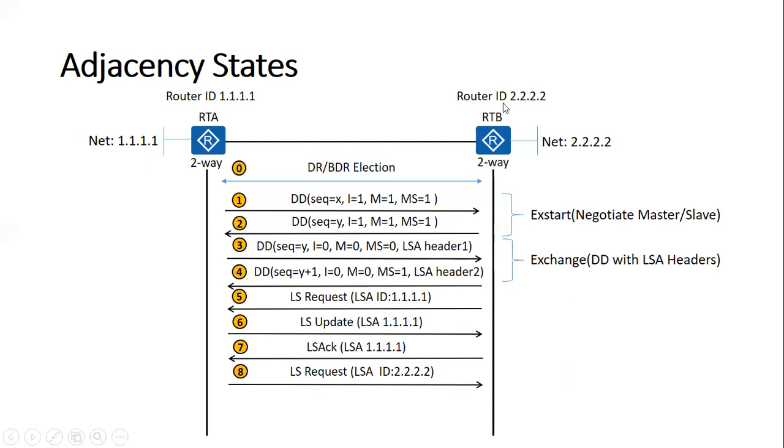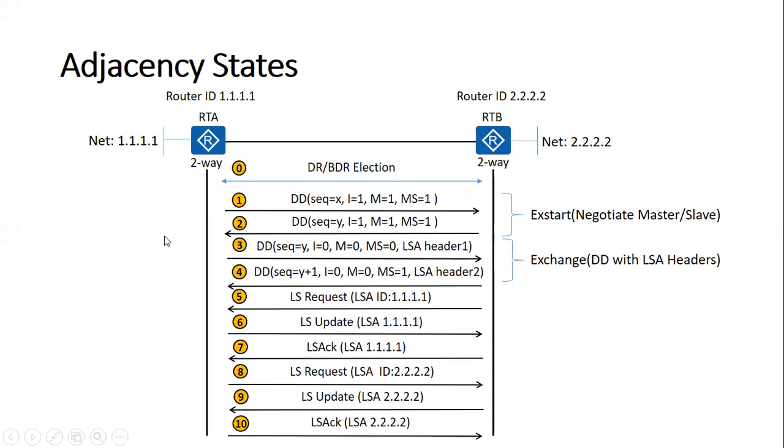Then router B will send the complete information in an update. And similarly, router A will acknowledge in a link state acknowledgement that I have received network 2.2.2.